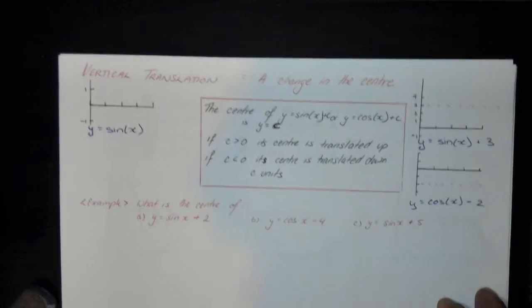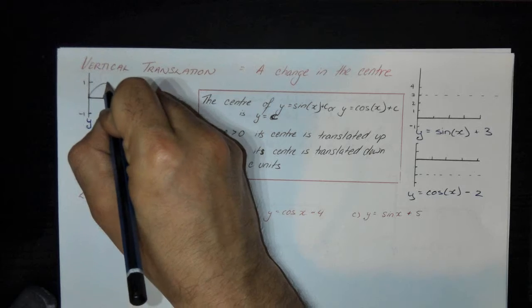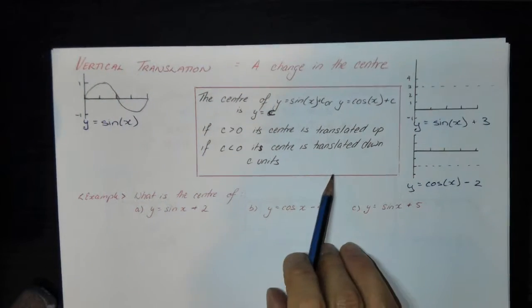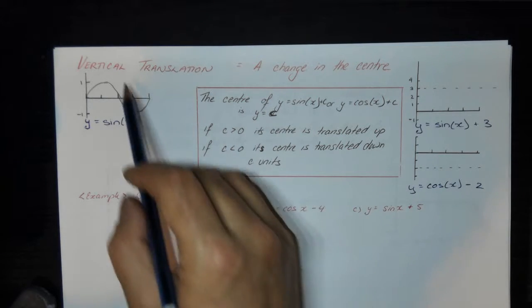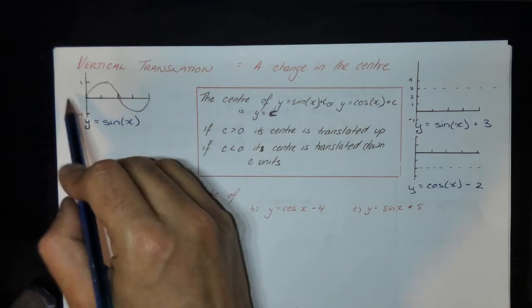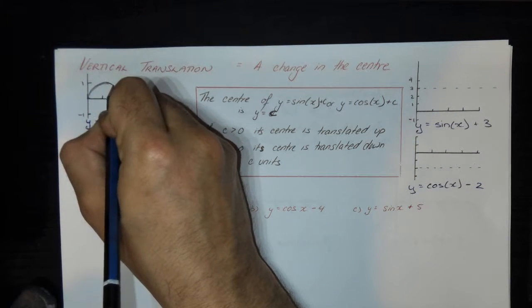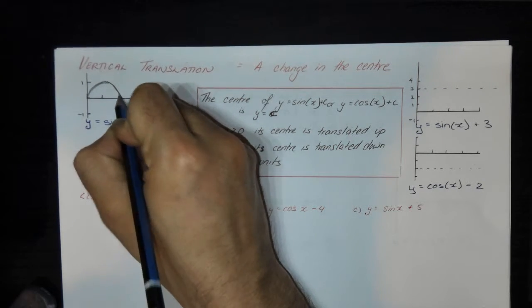So a vertical translation. Okay. So you've got y equals sine of x. The center for this is going to be at y equals 0. Yeah, it balances. This is symmetrical about this axis.